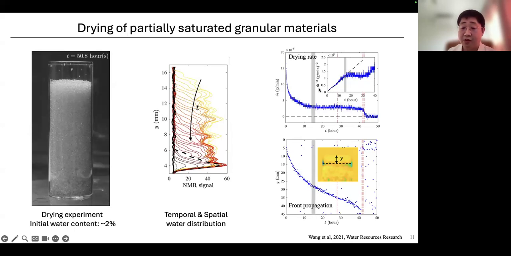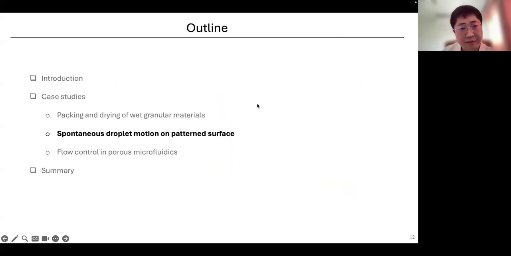If we plot the drying rate to the power of -2, we anticipate a straight line for diffusion limited drying. But here, clearly, there's a deviation from diffusion limited drying, which we attribute to the Kelvin effect. I don't want to dive into too much detail, and if you're interested, you can have a look at our paper. All right, so that's the end of the first part about wet granular materials.